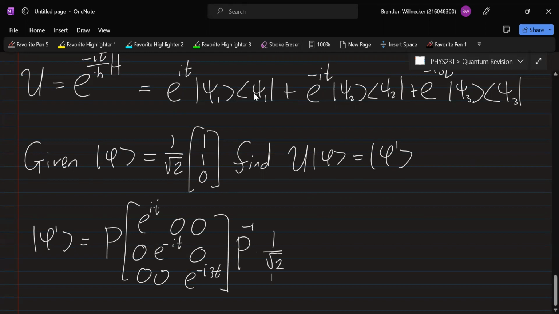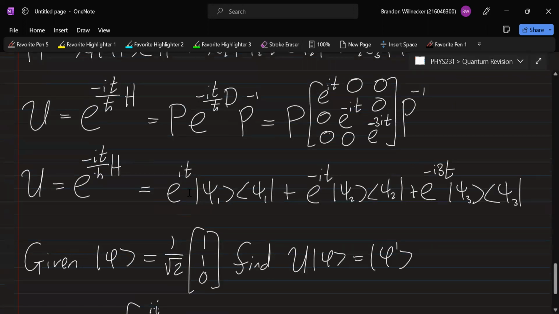Because remember, operators acting on the state is the same as matrix multiplication with the state column vector (1, 1, 0). This matrix multiplication will give us the new state, phi prime. So that's the first one using matrix multiplication.